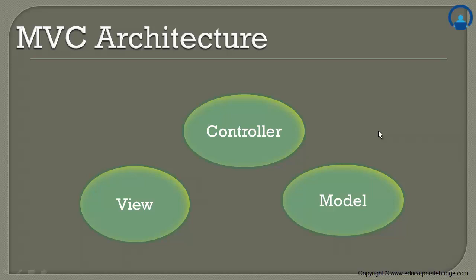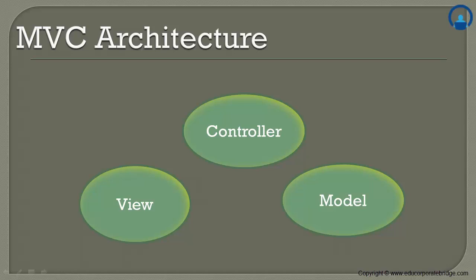They don't deal with rendering UI or processing requests. That responsibility belongs to the controller and views. The views have no direct awareness about the model, and the two do not directly communicate with each other. The controllers are the bridge between the models and the views.